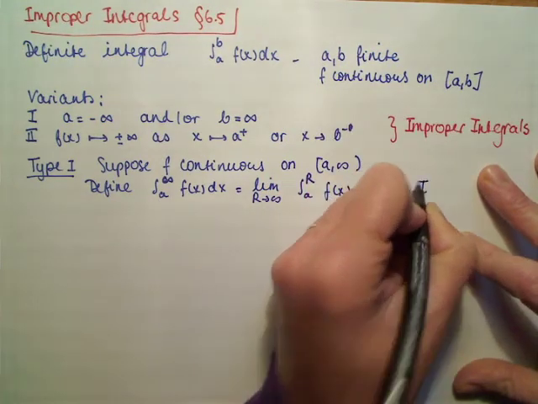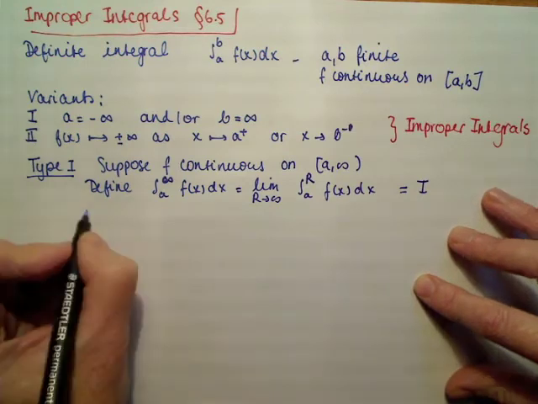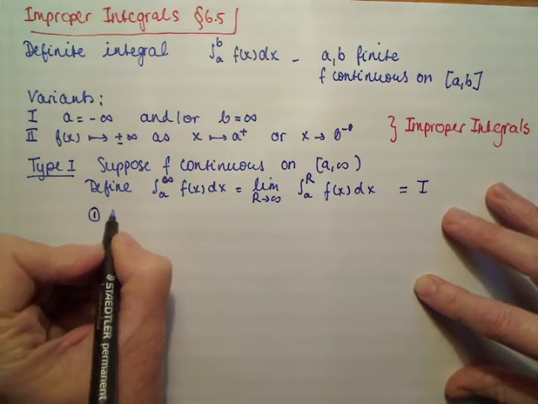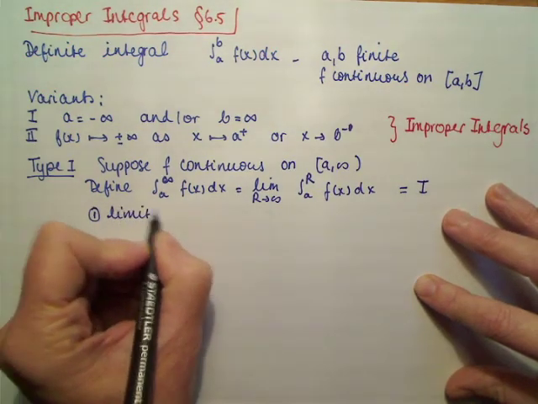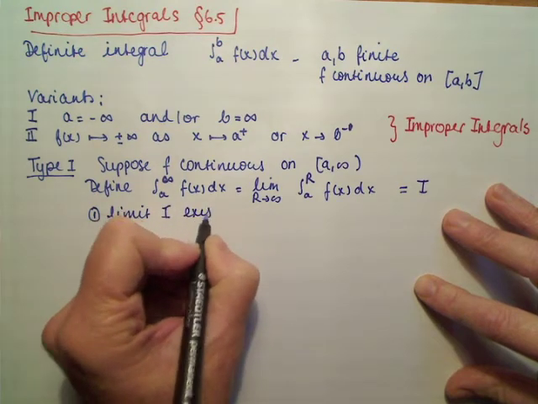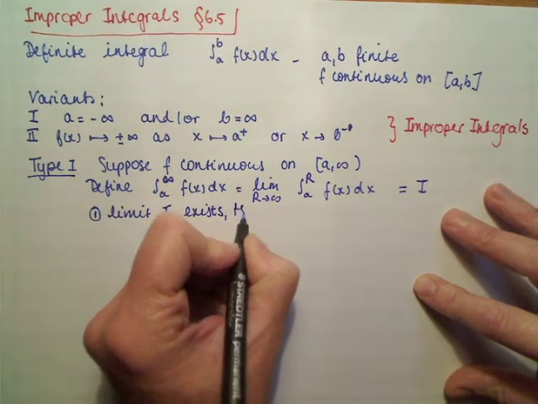Call this I. Now, of course, two things can happen. This limit I exists and is finite.